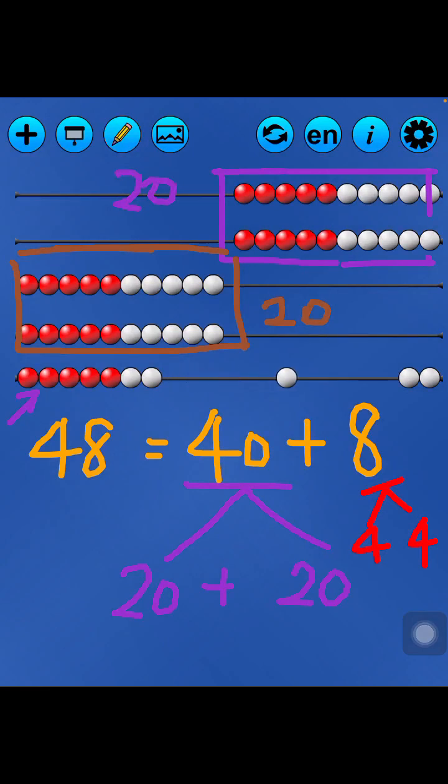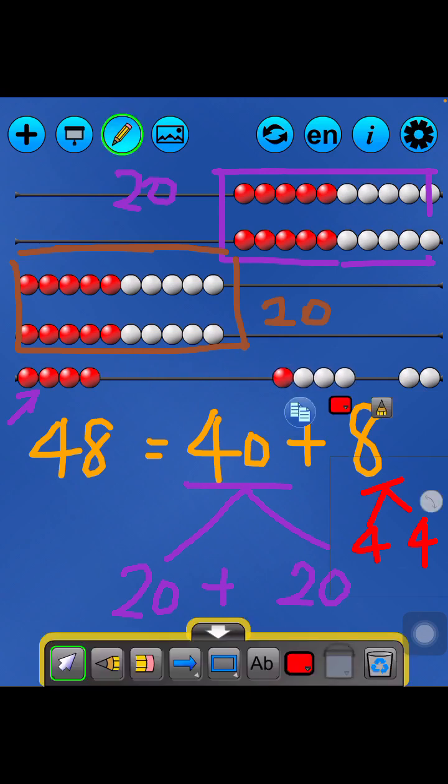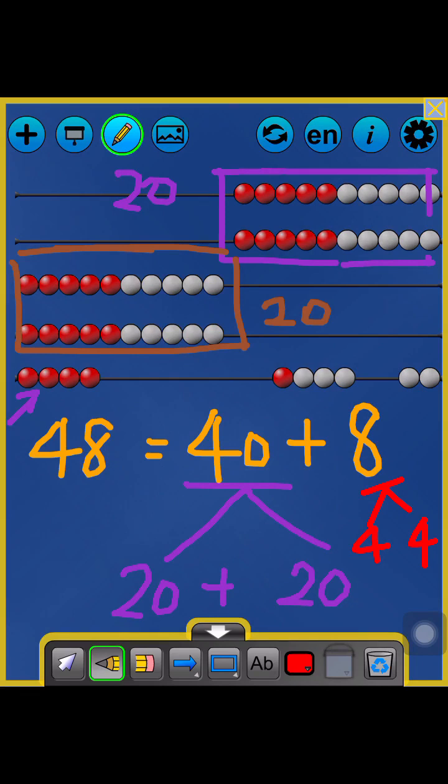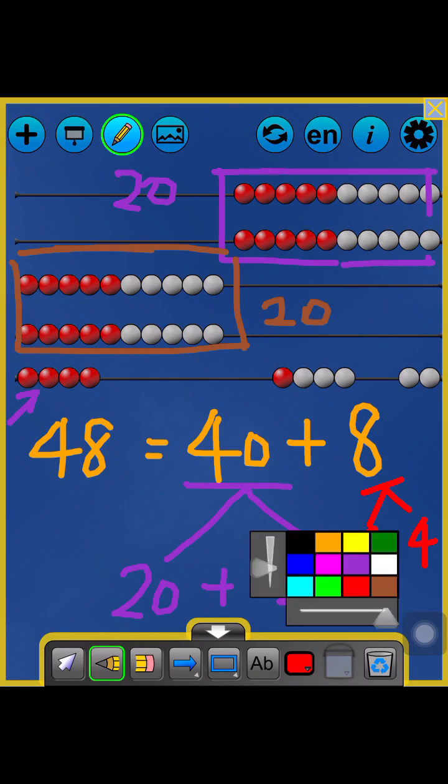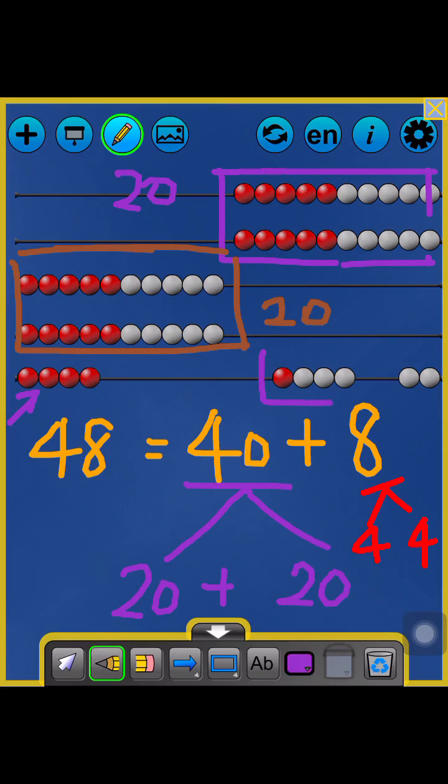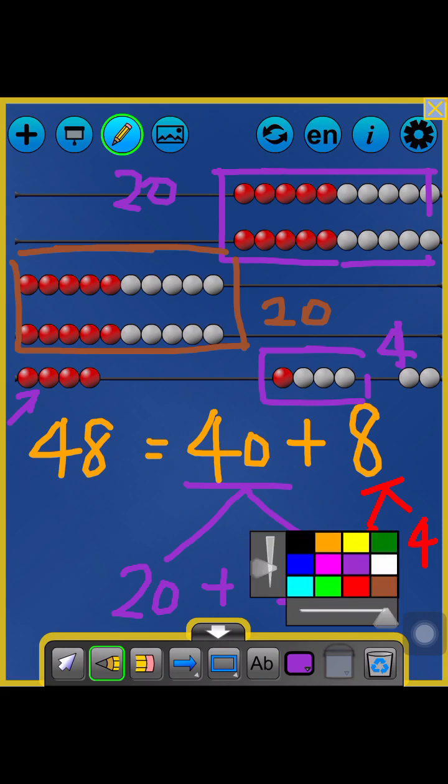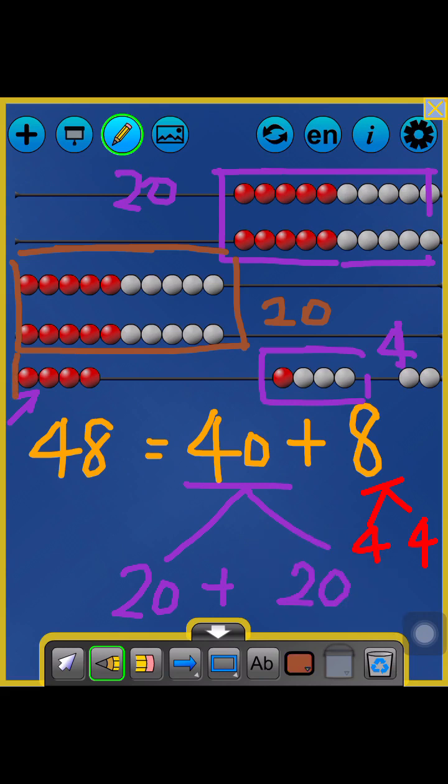So we move 4 beads to the right hand side. 3, 4. Okay, 4 beads on the right hand side, and also on the left hand side there are 4 beads.